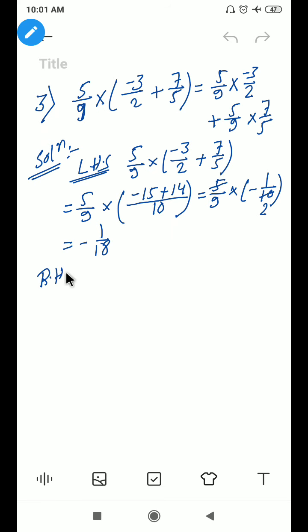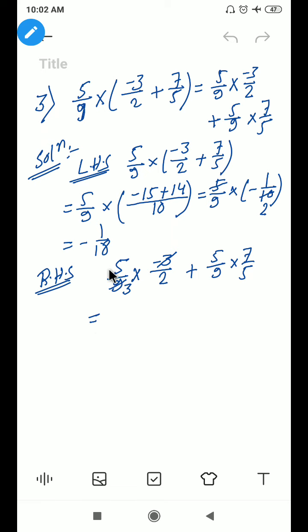So RHS is given here: 5 by 9 into minus 3 by 2 plus 5 by 9 into 7 by 5. Look, you can cancel out these two numbers, 3 and this 9. So 3 is left here.